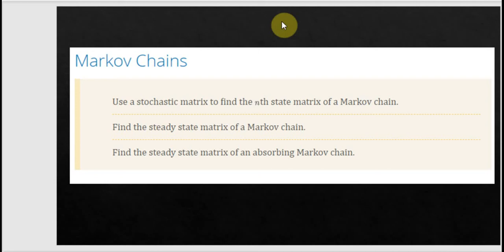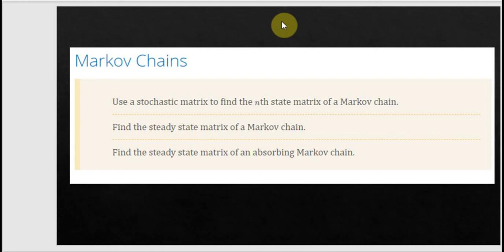If that is the case, then the Markov chain is said to reach its limit. Can we find it? And then lastly, if we have a steady state matrix, or if we have a Markov chain for that matter, can we find the steady state matrix of what is called an absorbing Markov chain?